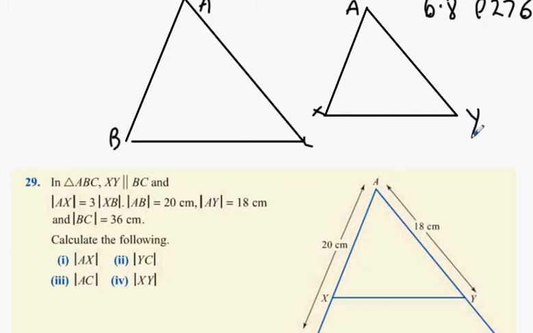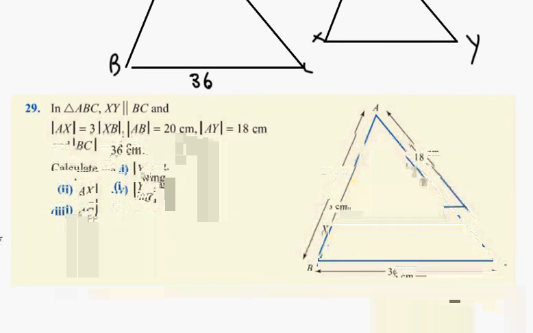Now, what I know about ABC is that AB is 20. What else does it have? B to C is 36. This one is 18. And that seems to be all what we know, isn't it? Okay. Now, it gives me a key piece of information. It says A to X is what, guys?